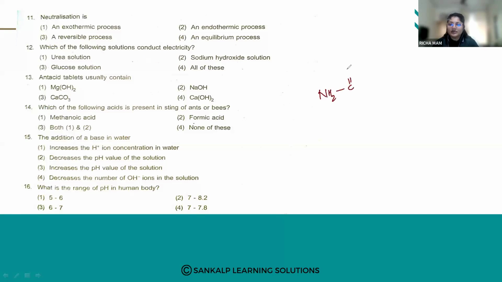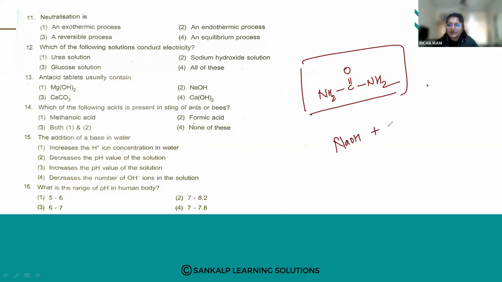This is urea. When you add urea in water, it will not release any ions. Now, sodium hydroxide, when you add it in water, it will split into Na plus and OH minus, and the water gives H plus and OH minus.